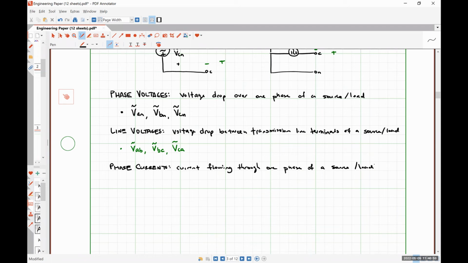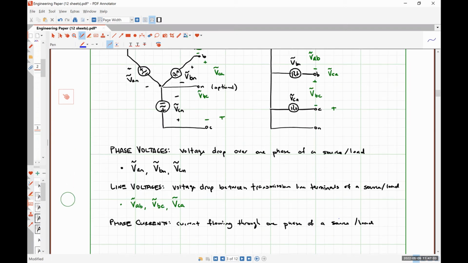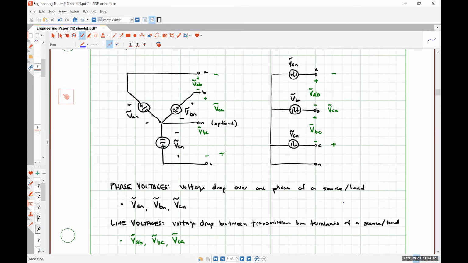I'm going to do these in blue. I particularly define my phase current as flowing into the positive polarity terminal and out of the negative polarity terminal.